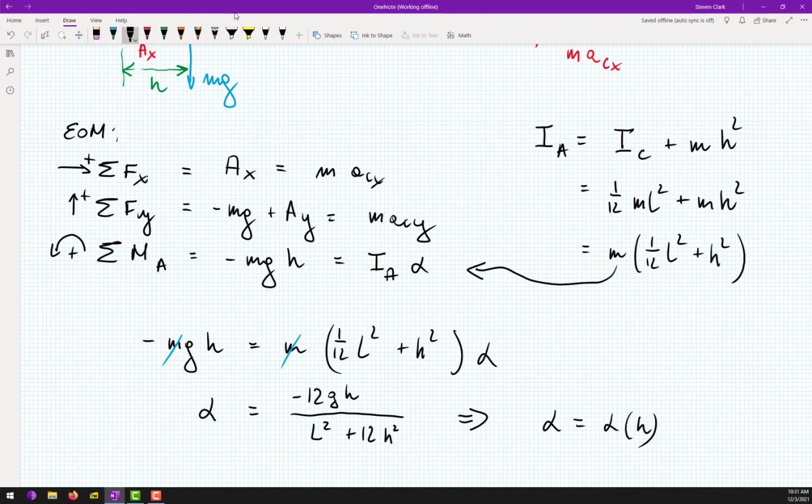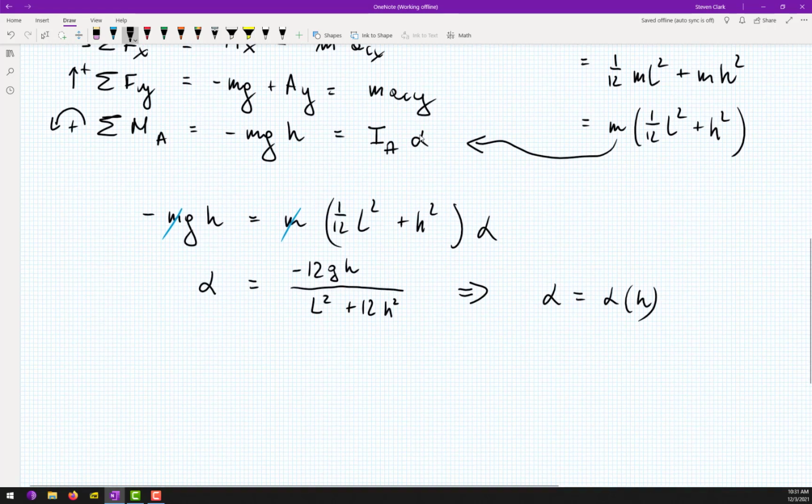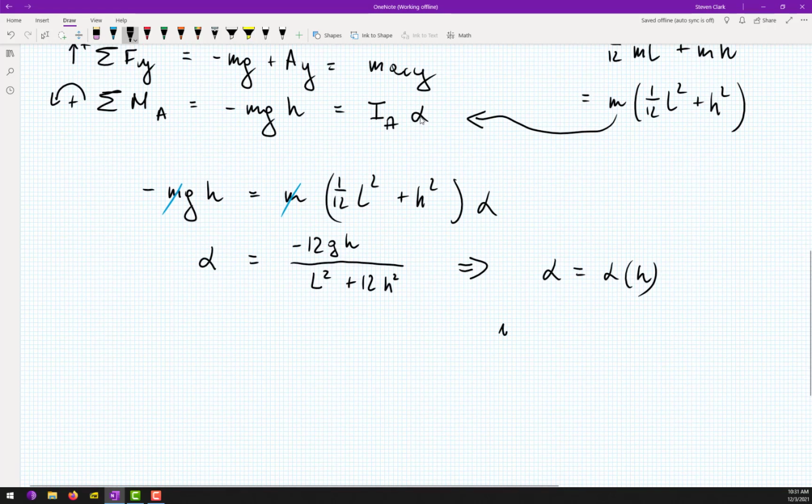I hope I didn't make a mistake. No, it's fine. Okay, so we found alpha expressed as function of h.